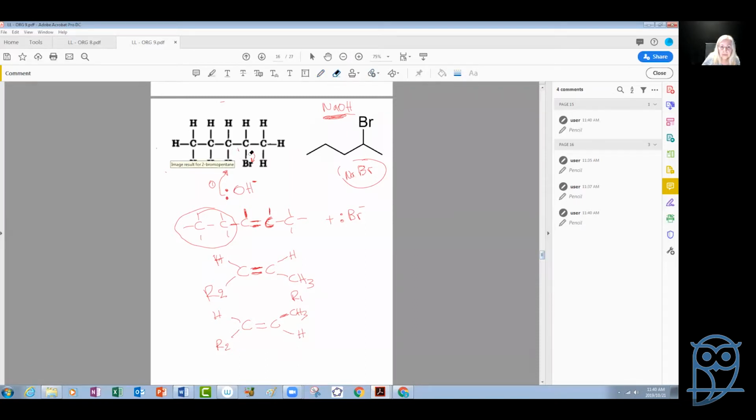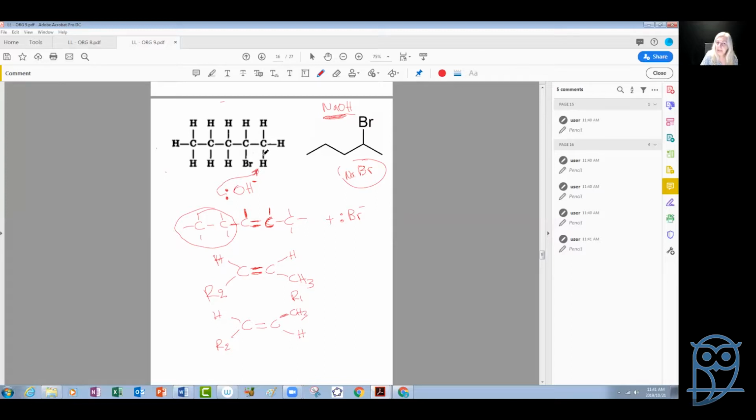Let's use the same drawing again. But now this time, hydroxide attacks this hydrogen, this proton. Okay, so it picks it up, comes out, and what happens?